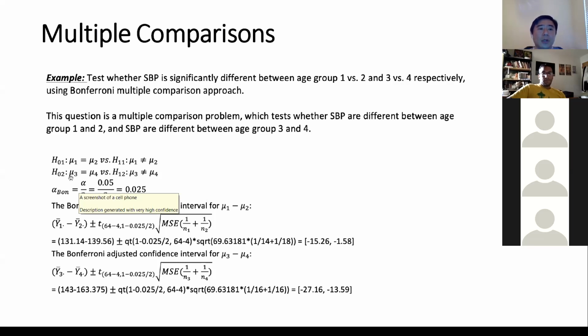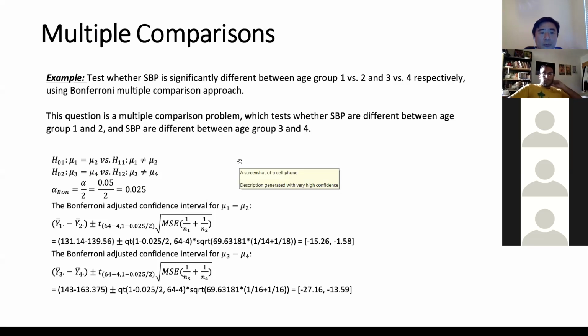Say, for example, in the age and systolic blood pressure example, if you're only interested in testing age group 1 and 2, and age group 3 and 4, you will use this Bonferroni test because you're testing these two together, and the adjusted Bonferroni test level will be 0.05 divided by 2, which is equal to 0.025. Based on this, you can also have a 95% confidence interval.